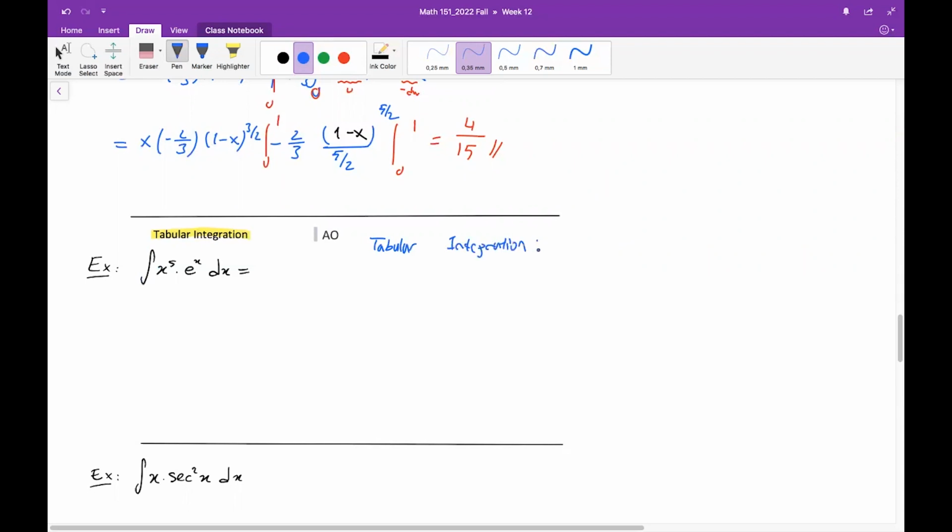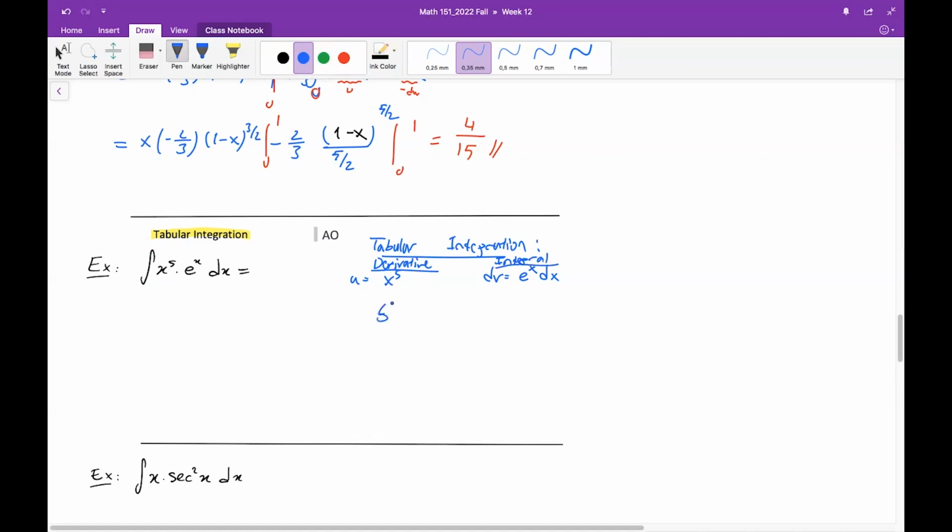It works like this: you put x to the power 5, this is the part for u, and the rest is your dv, right? Every time you apply integration by parts, you will be taking the derivative. So you will take the derivative consecutively of this expression, and you will take the integral of the other part over and over again.